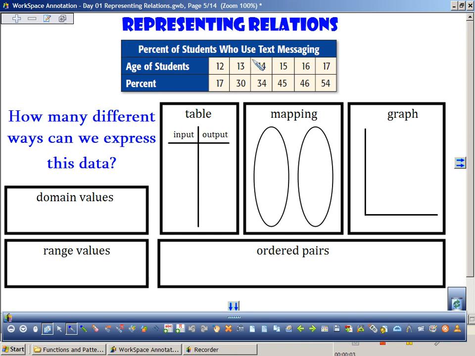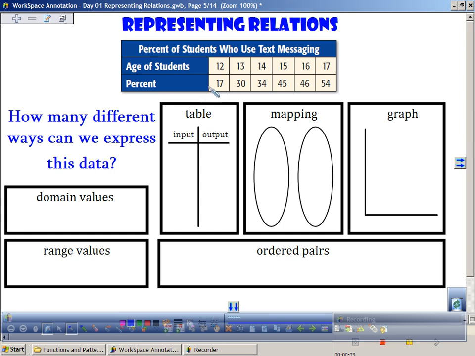Okay, so representing relations. So here's our data here, percent of students who use text messaging. So how many different ways can we express this data? Well, first we can put it in a vertical table like this. So what would be my input value? Would my input value be the student, the age of the student, or the percentage? Can you tell me why? Serena?